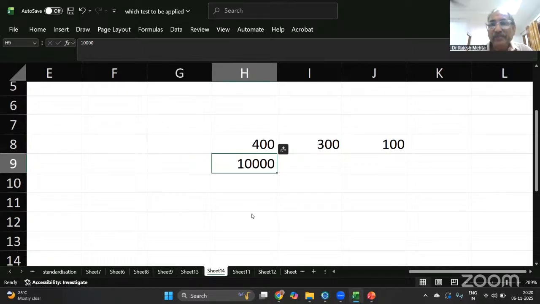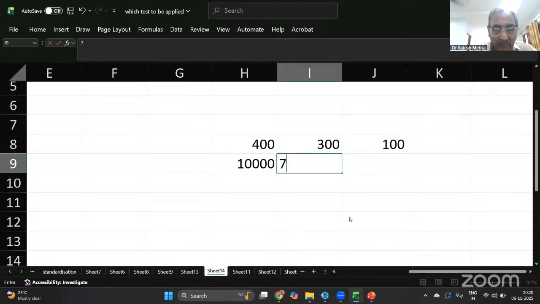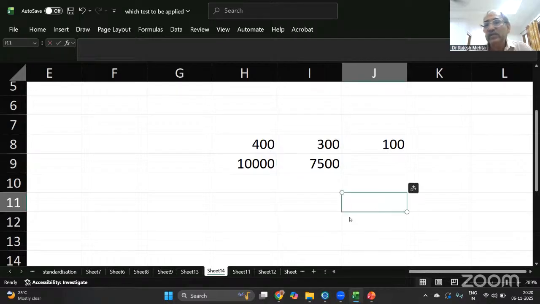So it will not be a simple percentage that out of 400, 300 are happy, so out of 10,000, 7,500 people will be happy. That is not the way you calculate, because when you take a sample, there is a likelihood that there will be a sampling error.